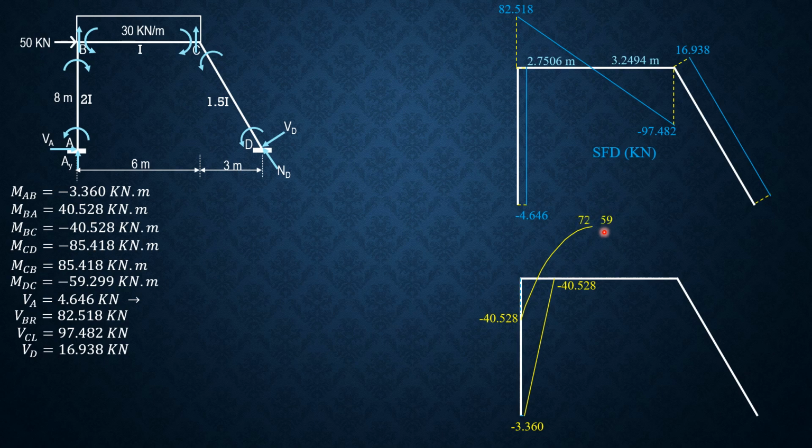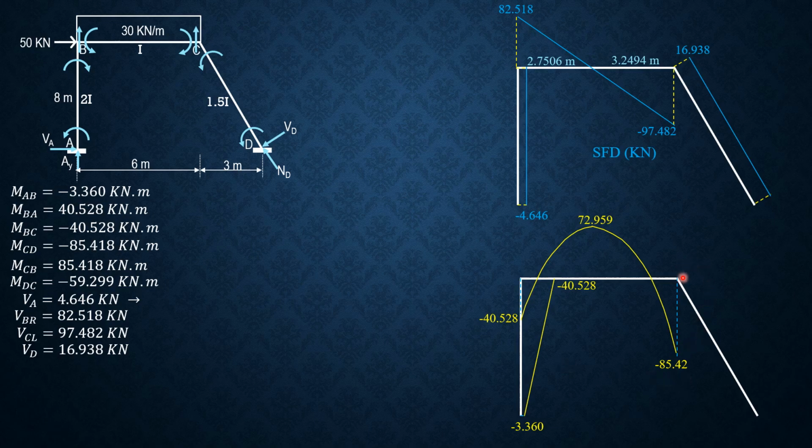Then this is equal to 72.959. 72.959 minus this area, minus 1/2 of 3.2494 times 97.482, negative increasing. So it should be 85.418. So negative 85.42, that's fine.